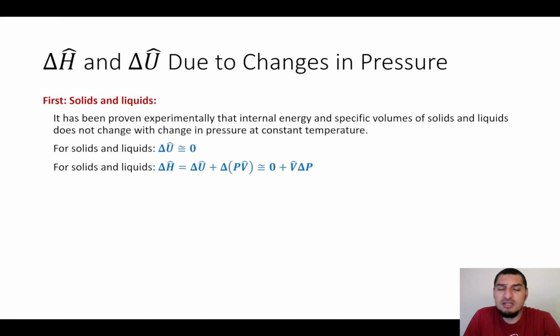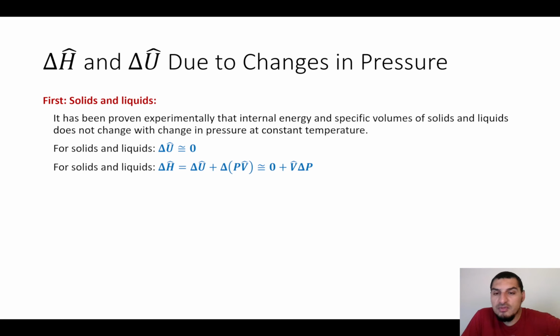And this is an expected thing. We know that liquids and solids are incompressible. So if they are incompressible, it means that the volume is not affected by pressure. No matter how high the pressure you apply, the effect on the specific volume or the volume is going to be very small, if there is any change at all.